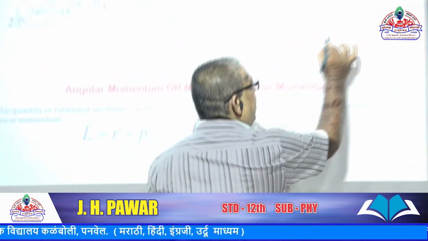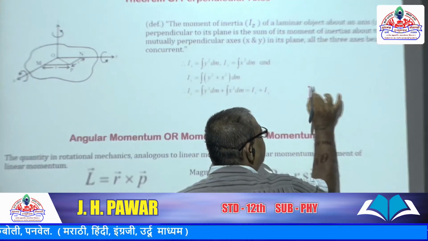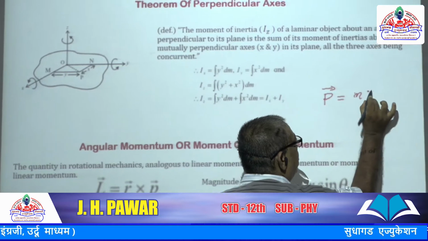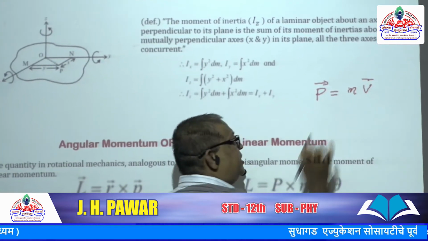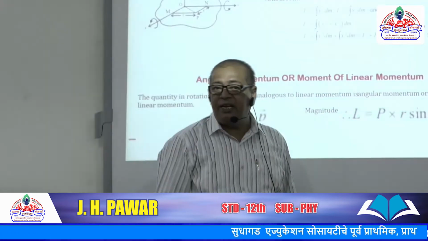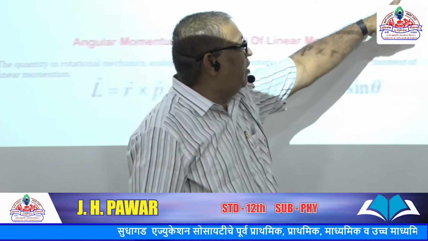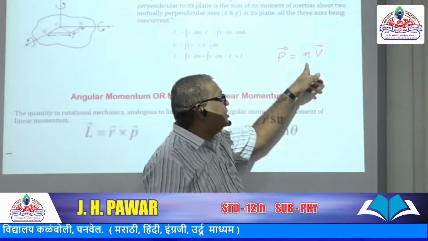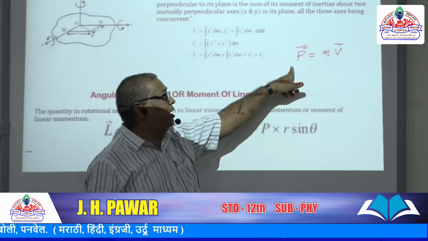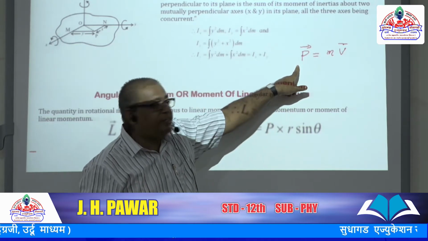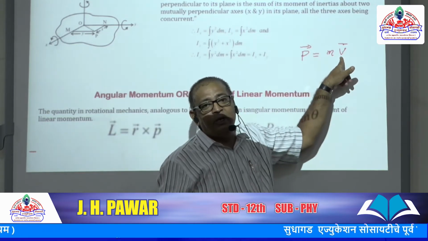This linear momentum can be taken as vector p equals m into vector v, meaning it is a product of mass and velocity. A notable thing is that here velocity is a vector quantity and mass is a scalar quantity, so linear momentum, because of velocity, is a vector and its direction is in the direction of velocity.